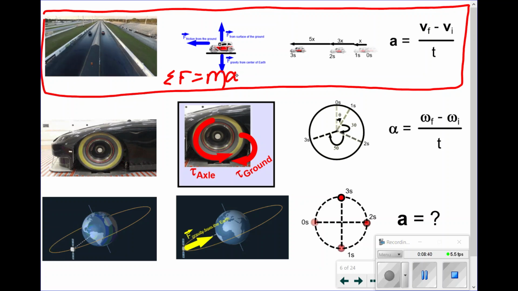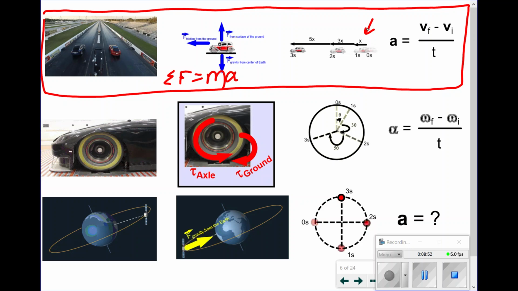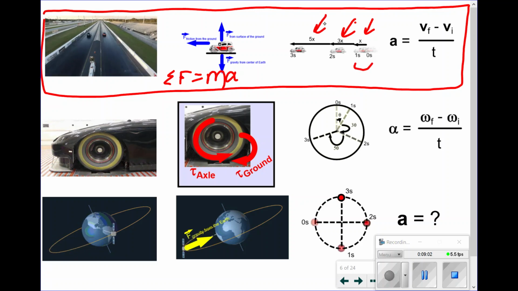When an object has a constant tangential acceleration because of a constant unbalanced force, the object follows the rule of odd numbers, where the distance it travels in its first interval is going to be 1/3 the distance it travels in the second interval. And that distance of the first interval is 1/5 the distance traveled in the interval after that next interval.